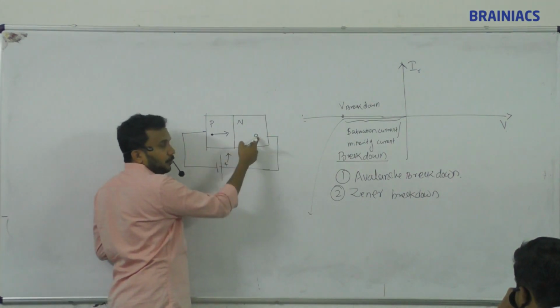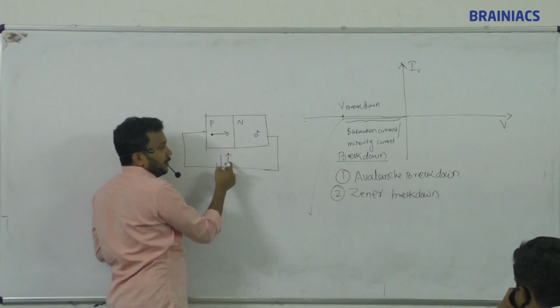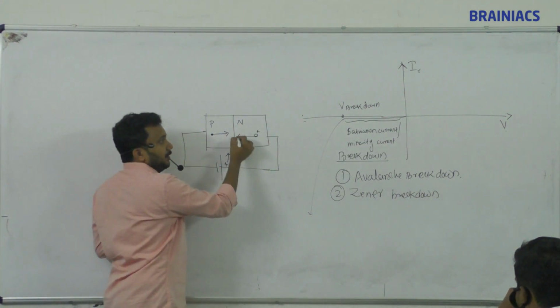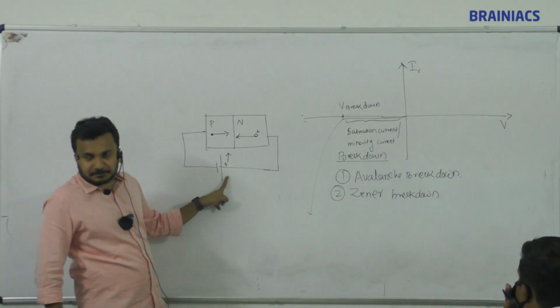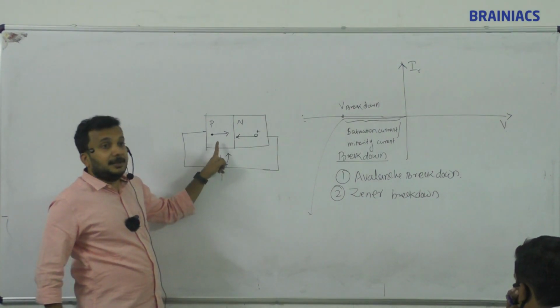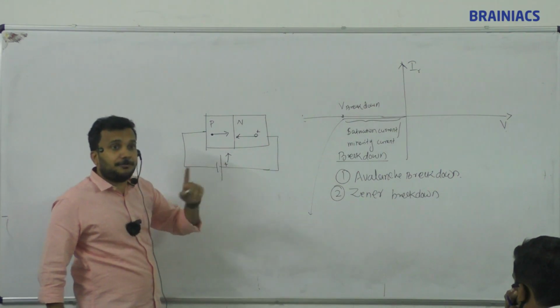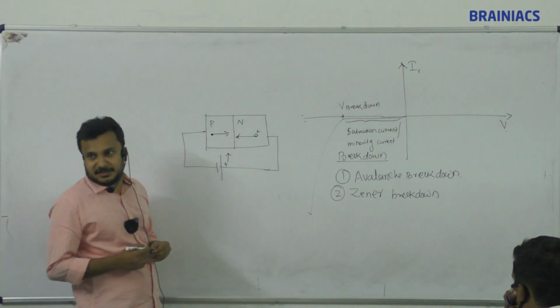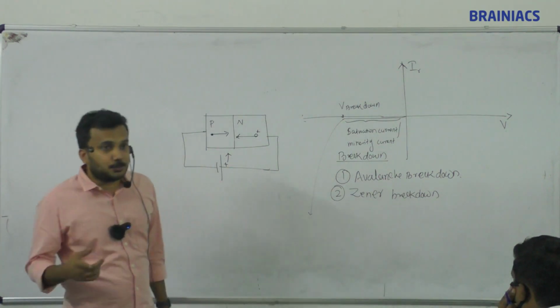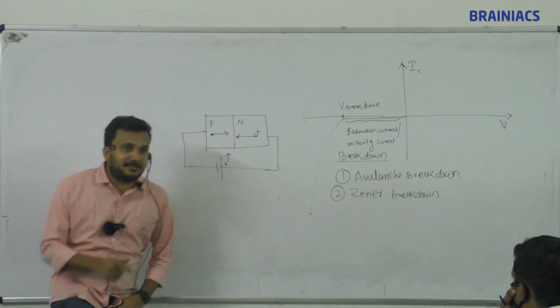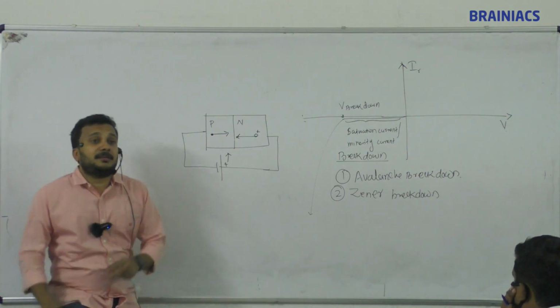This side is positive and the hole charge is positive, so positive holes will move like this. Whenever you increase this voltage, the speed of movement of minority carriers increases. With increased speed, they hit the bonded electrons.